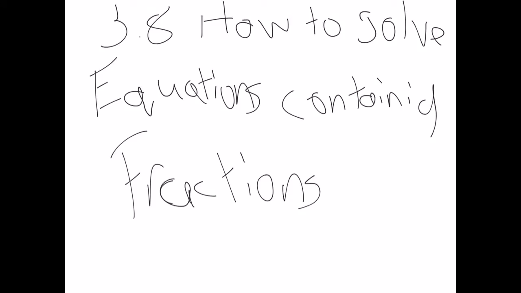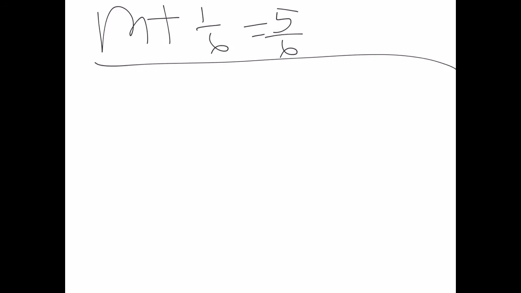3.8, how to solve equations containing fractions. m plus 1 over 6 equals 5 over 6. So you're going to want to do the opposite of addition, which is subtraction, minus 1 over 6 and minus 1 over 6.